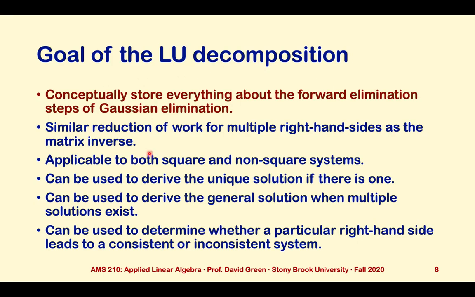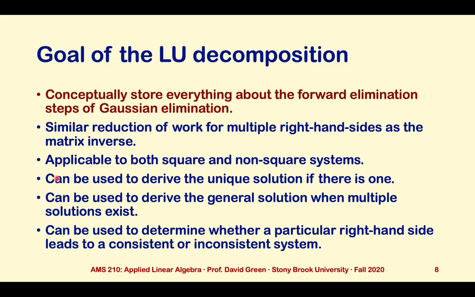It's going to give us a similar reduction of work from multiple right-hand sides as the matrix inverse. By saving the expensive part of Gaussian elimination, we can get a speed up by only needing to do back substitution for different right-hand sides. We're going to find that it's applicable to both square and non-square systems.